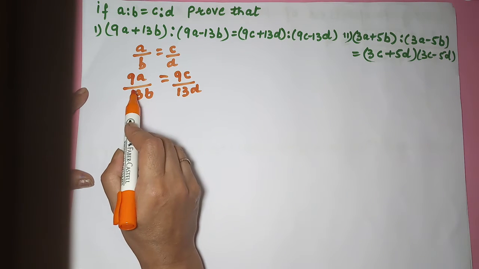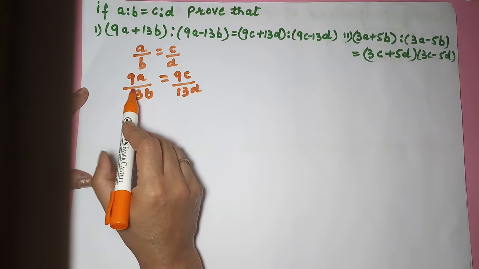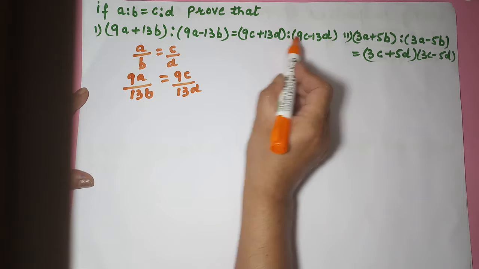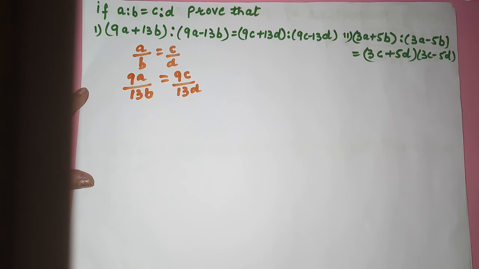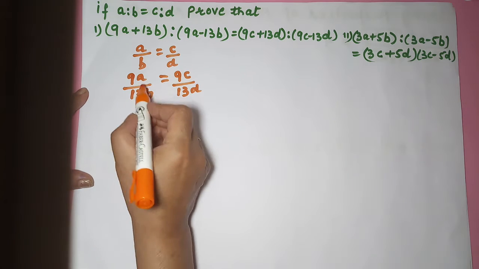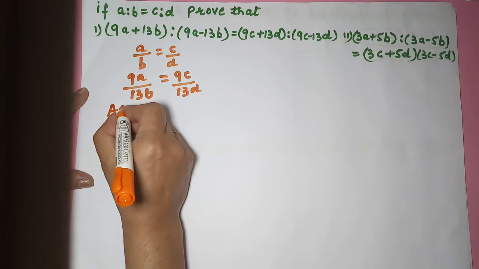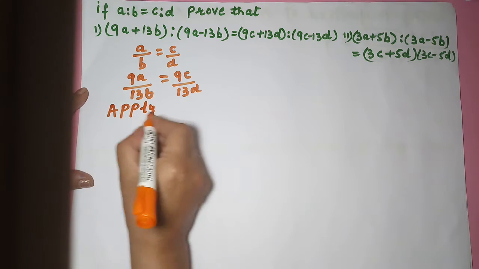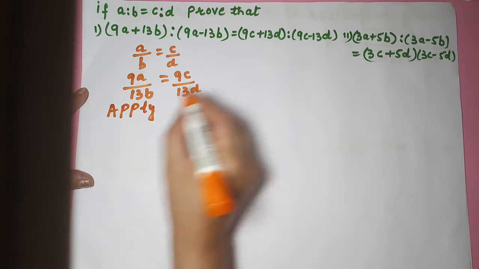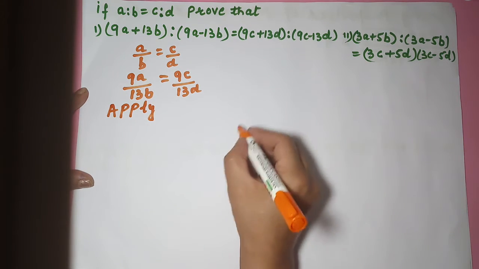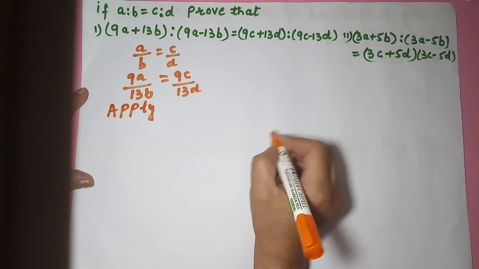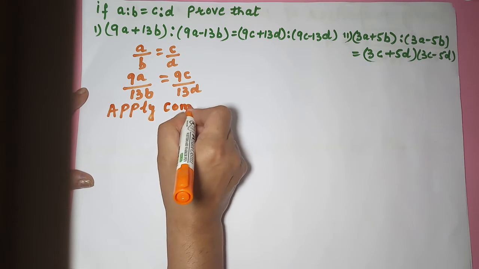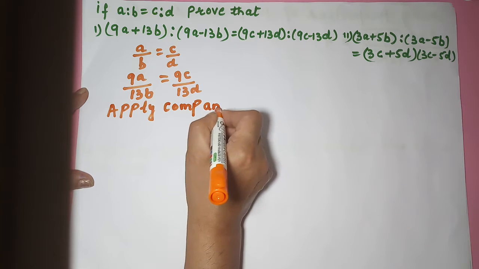Now, how will I get this? By now you must be getting this idea that we have to apply the componendo and dividendo here. Then only we will be able to get this. So, how do we apply the componendo and dividendo? Whichever property I am applying, you should always write that either immediately after this or after applying that property, you can write along the right hand side in the bracket, apply componendo and dividendo.